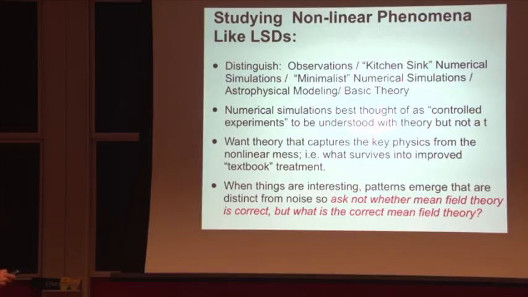But nowadays, the kitchen sink simulations are showing more and more ingredients that look like the original mean field theories, which is sort of interesting. Then there's kind of minimalist simulations where you can take a piece of the puzzle and look at, not try to simulate the entire convection zone, but force, for example, the helicity and ask how it saturates, what the principles are that dictate these kind of things.